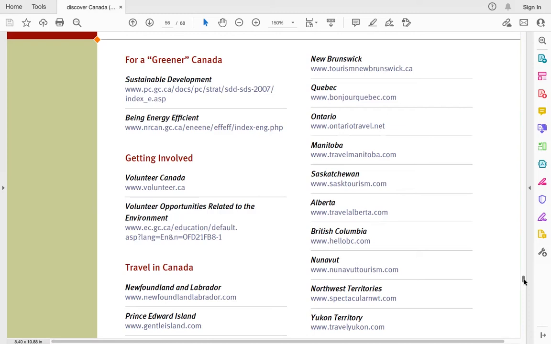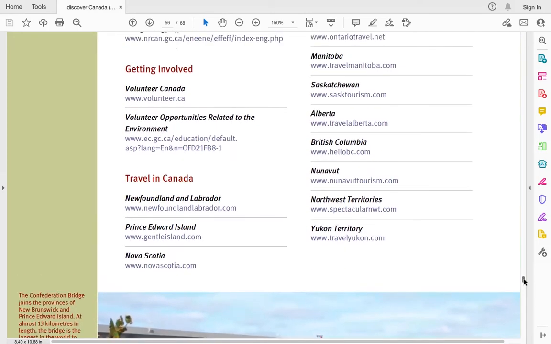Websites about travel in Canada. Newfoundland and Labrador, www.newfoundlandlabrador.com. Prince Edward Island, www.gentleisland.com. Nova Scotia, www.novascotia.com.